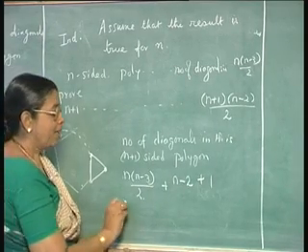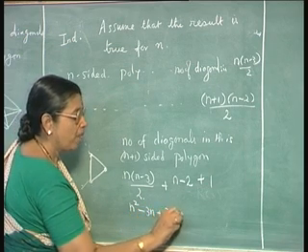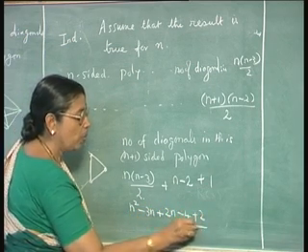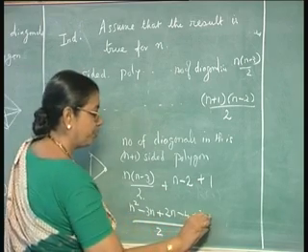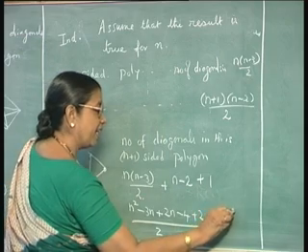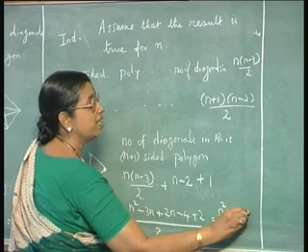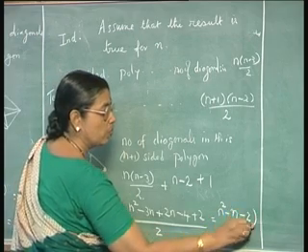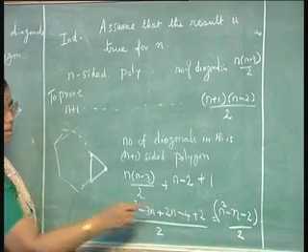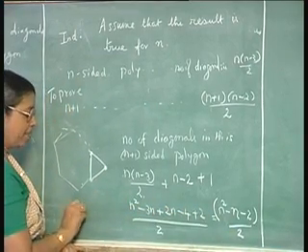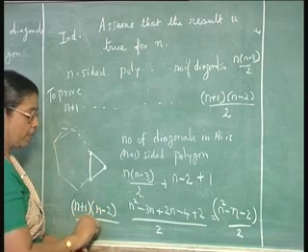Now, if you sum it up, it will be n squared minus 3n plus 2n minus 4 plus 2 by 2, which is equal to n squared minus n minus 2 by 2, and that is nothing but, if you factorize, n plus 1 into n minus 2 by 2.